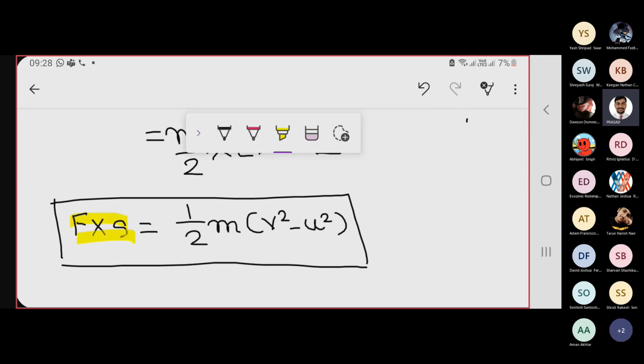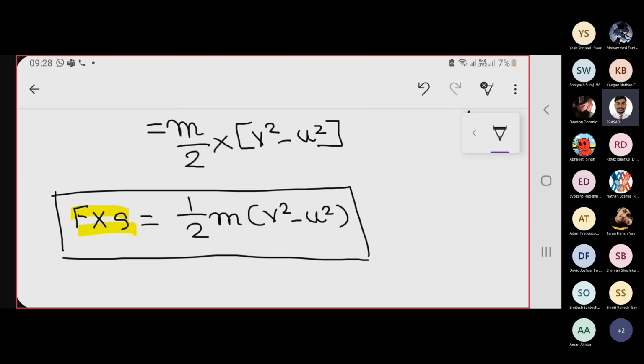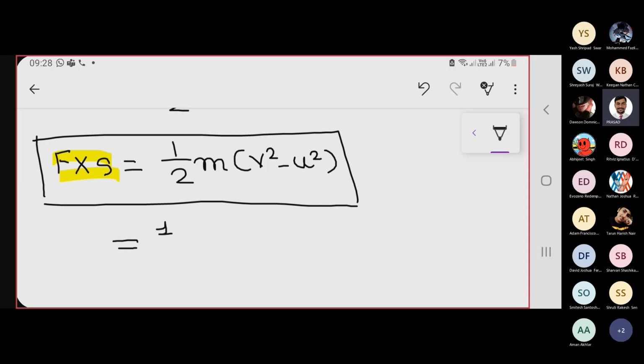This term, force into S, is the work done by the force. We can write this equation as half m v square minus half m u square.